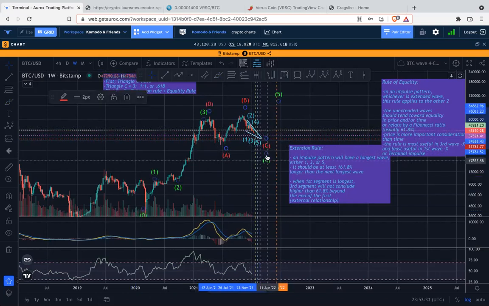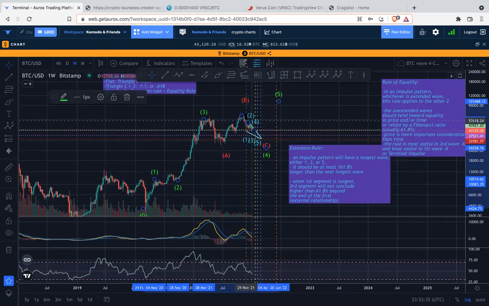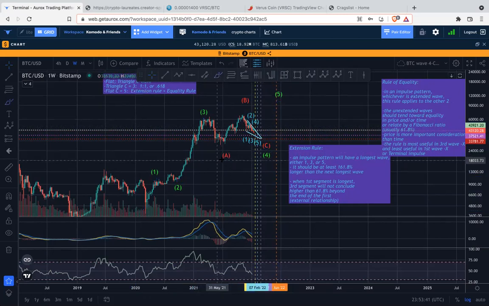So in a flat pattern, the A wave and the B wave are both 3s. They're both considered a 3 and a 3. A 3 is a corrective move, either a zigzag, a flat, or a triangle, or even a complex combination correction is also considered a 3.